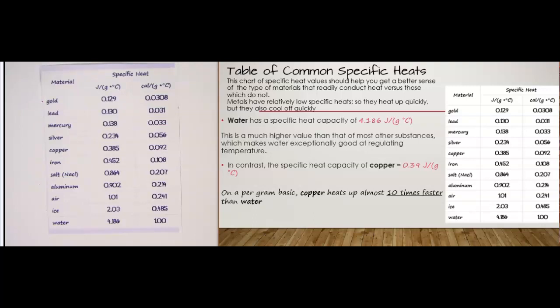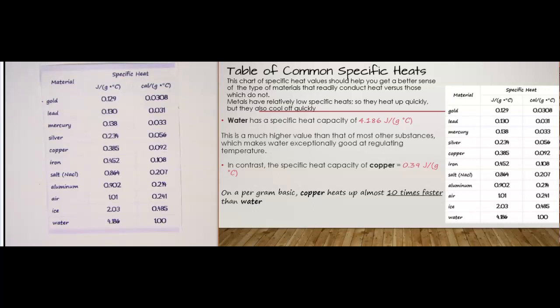In contrast to that, you'll see that the specific heat capacity of copper is 0.39. It's really easy to heat up copper. It's even easier, look at gold at 1.29, to heat up gold. It's really easy to heat up gold. Lead is easy to heat up, and that's really good because the folks who use lead to solder need to be able to get it to a molten state.